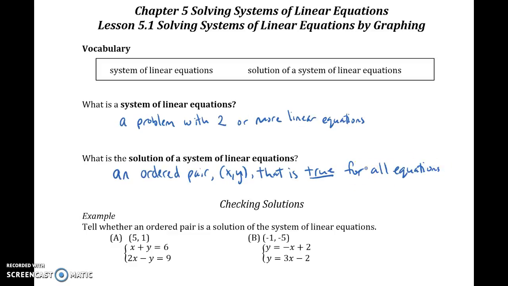Or if we're looking at more than two equations, it'll be for all the equations. And what's neat about this is that's going to become the point of intersection.